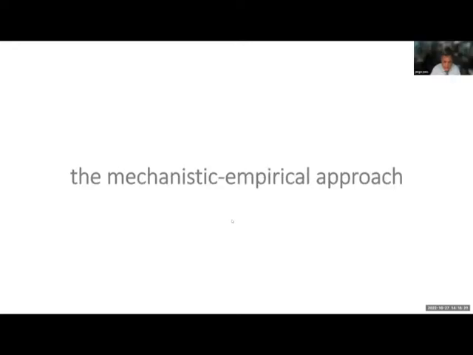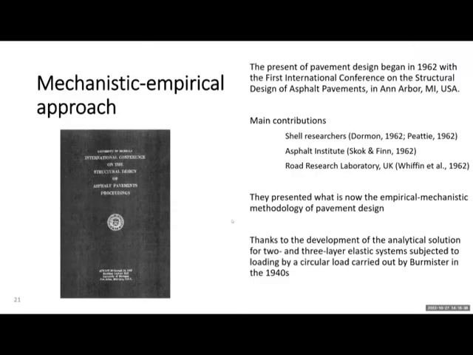Let me go to the present, and the present started in 1962, when the Mechanistic-Empirical approach was defined in the Ann Arbor conference, with the main contribution from Shell researchers, the Asphalt Institute, and the Road Research Laboratory from the UK.